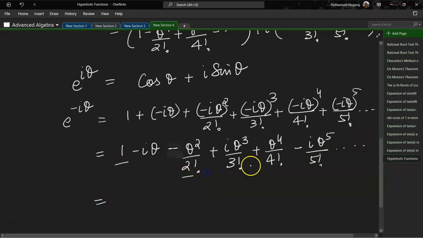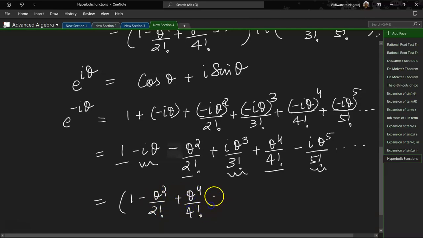Now this is real, real, real, imaginary, imaginary, imaginary. So let's group them. We get 1 minus theta square by 2 factorial plus theta 4 by 4 factorial, and on and on. Then we have i. The initial term itself is minus. So let's take that minus out so that this becomes plus. We end up with theta, this is i theta cube plus.